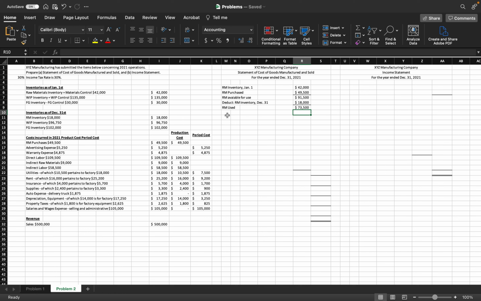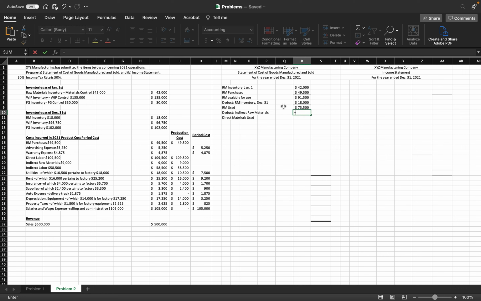Okay, now from there we're going to deduct the indirect raw materials that were used. And then that's going to tell us the direct materials used.